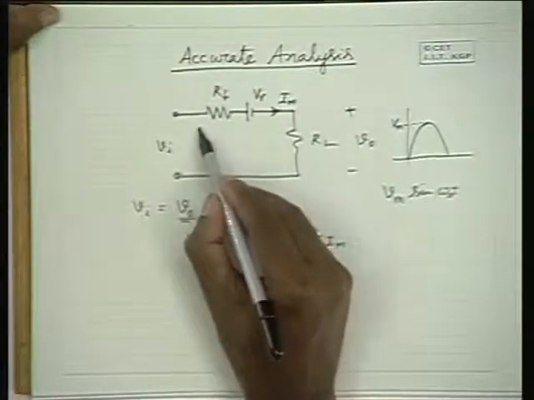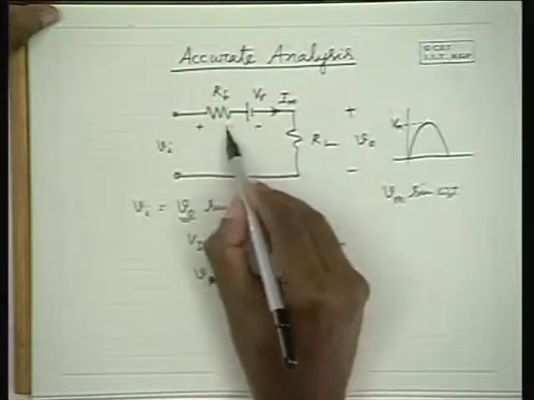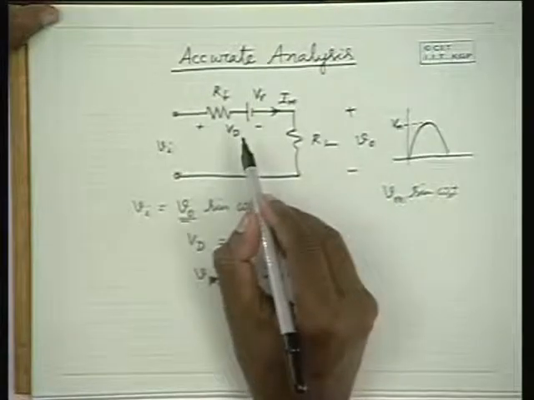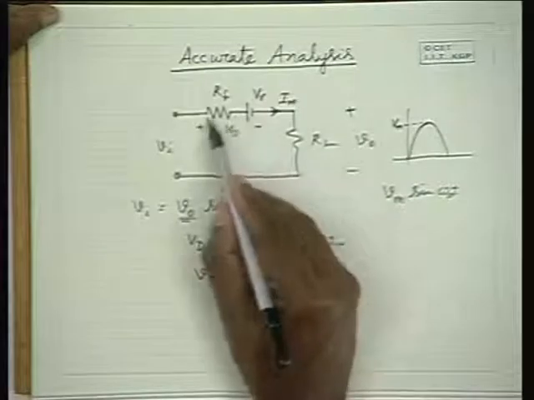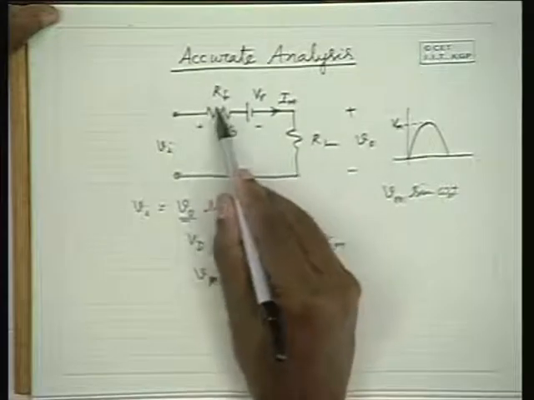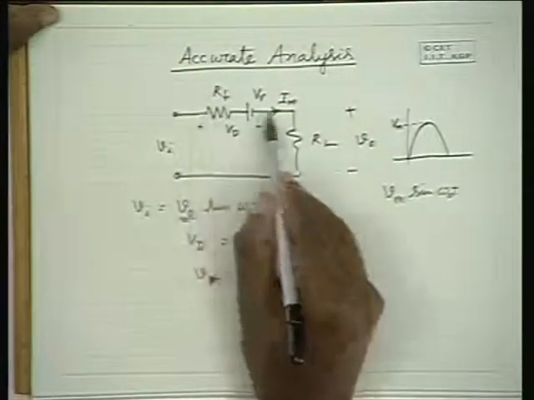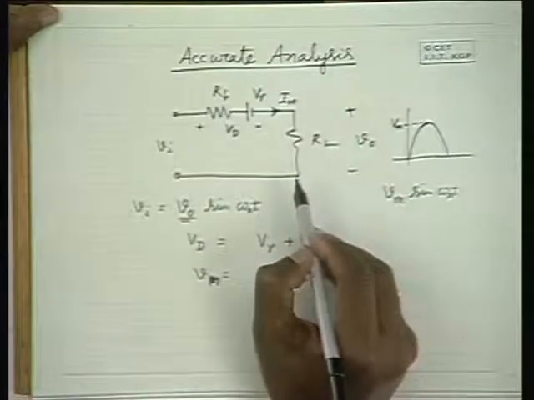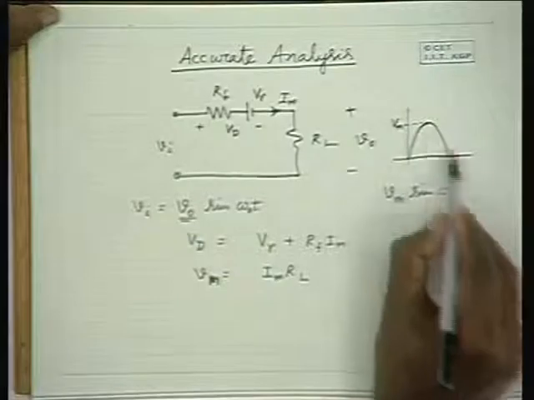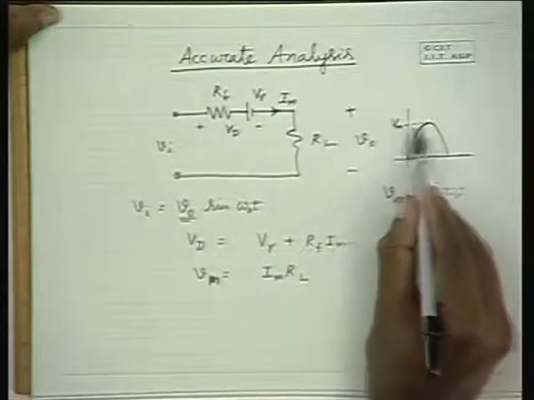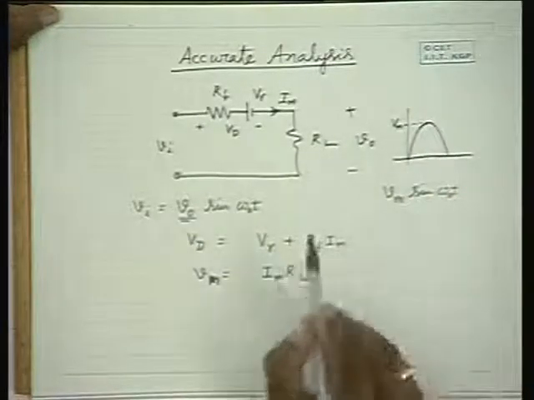This diode drop is that V gamma, about 0.6 or 0.5 volts, plus a small additional drop which depends on the load current. Since we are interested in the peak value and the rest of it is sinusoid, let us determine that.